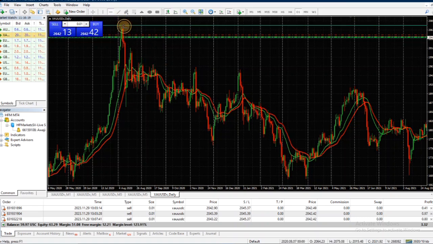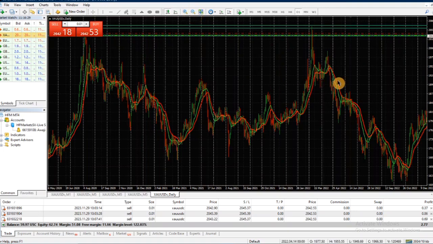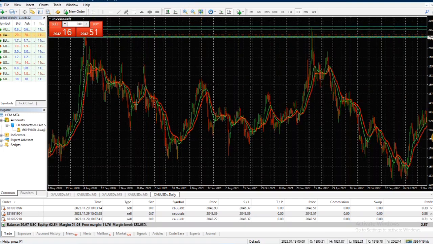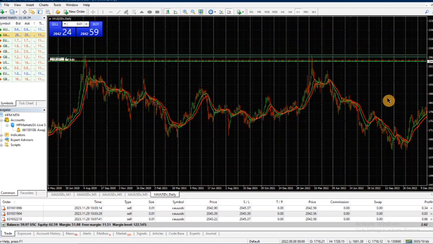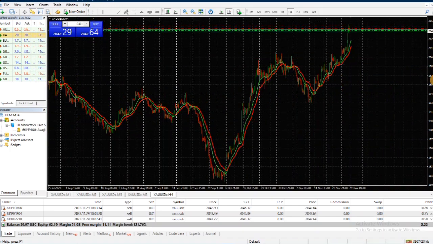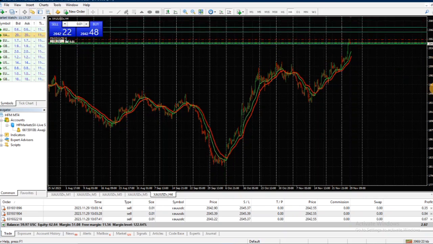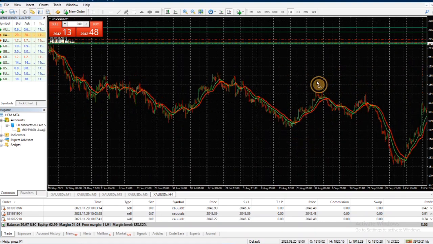So if I place a horizontal line there and zoom in a little, you can see that this market still has a little movement to make in order to meet exactly the zone where the previous market stopped.